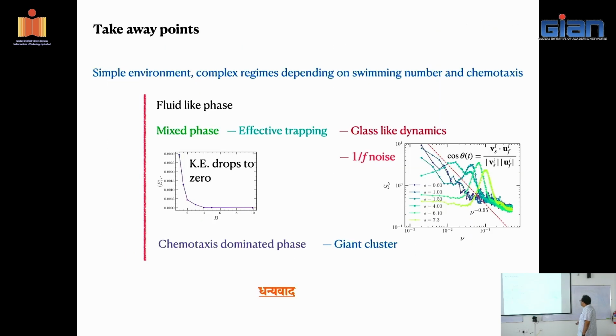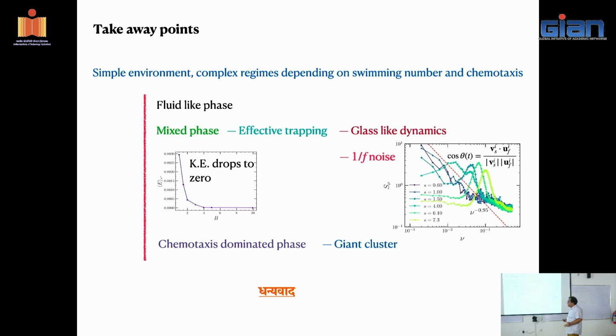So finally the takeaway points. A simple environment can give rise to complex regimes depending on the chemotaxis. This whole exercise was to illustrate this. You can have a fluid-like phase where everything is good, and these marine particles or bacteria, or rather active particles, move around freely.